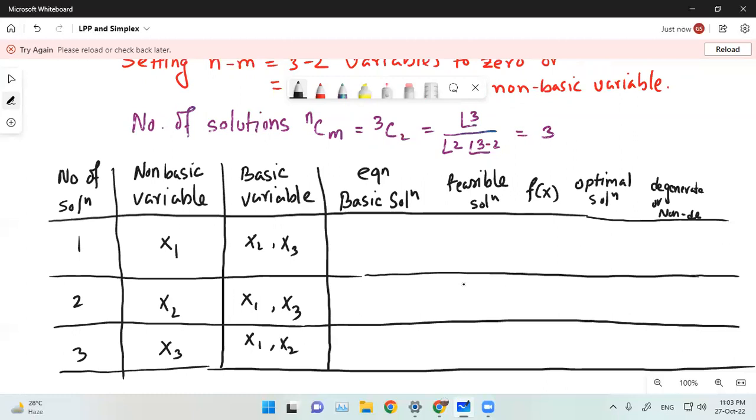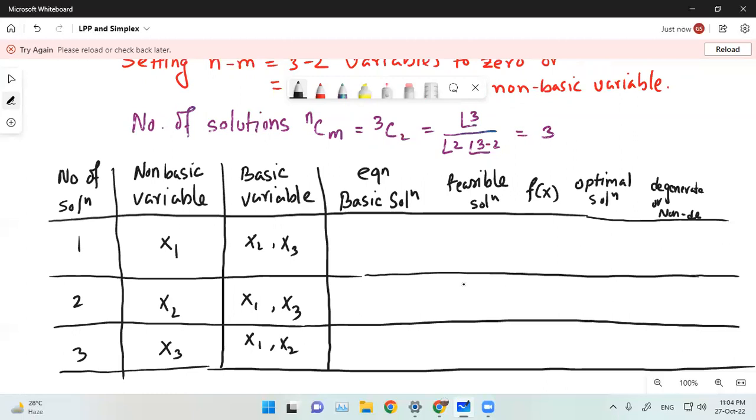From the given equality constraints, we are just going to substitute. In the first one, x1 equal to 0, in the second x2 equal to 0, and in the third x3 equal to 0.